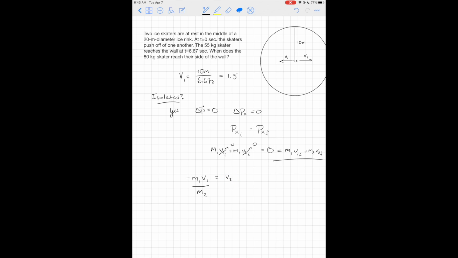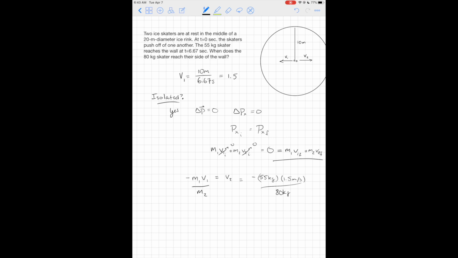Then I have an expression for v2. So v2 is going to be negative 55 kilograms times 1.5 meters per second divided by 80 kilograms.